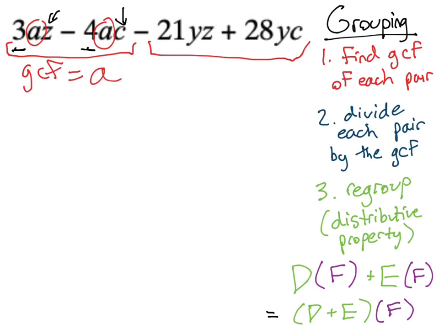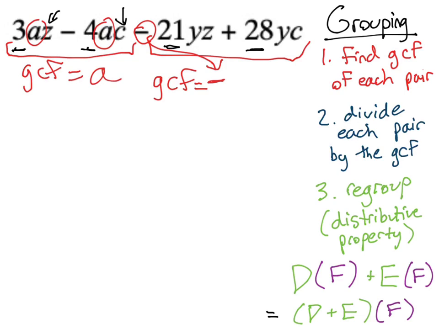Looking at the second group we have on the top right, first I notice that there is a negative in front of this group, and if there's a negative at the start of a pair of terms, we want to factor that negative out with our GCF so that we can make that first term positive. So our greatest common factor here will be a negative, and if we look at the numbers here, 21 and 28, those do share a common factor.